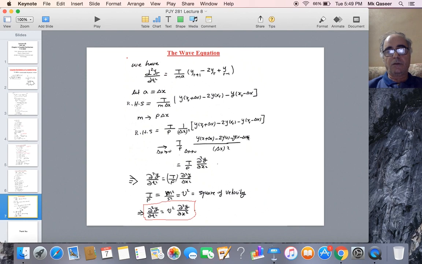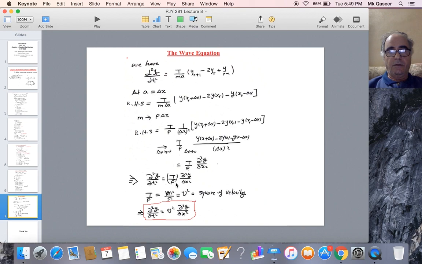This expression represents the second derivative of y with respect to x, that's d2y by dx square. Now this thing is equal to the left hand side, which is d2y by dt square. Therefore we get d2y by dt square equal T over rho d2y by dx square.